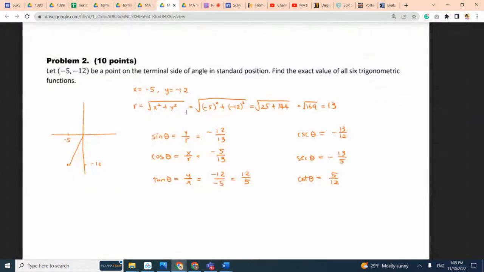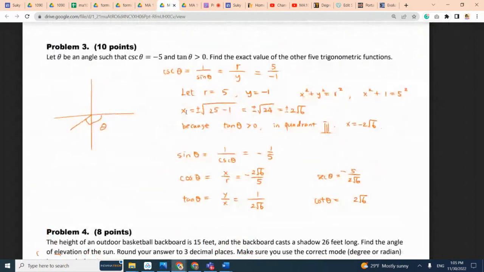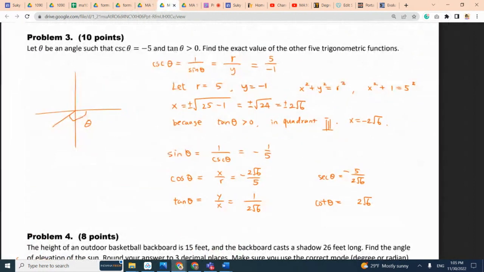Okay, and then problem 3. We have cosecant is negative 5. So cosecant is 1 over sine. Sine is y over r. So cosecant is then r over y. Remember, r is always positive.